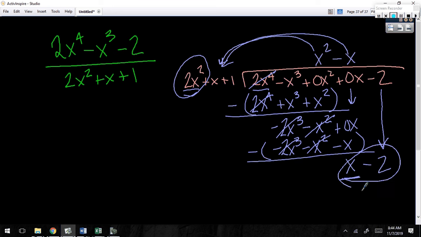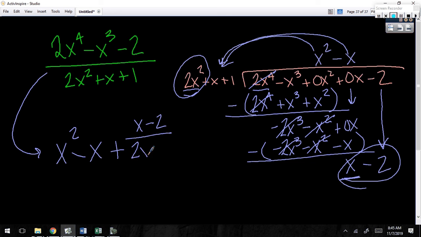So this is my remainder. So my answer is x squared minus x plus what? X minus 2 over. Tell me what you think.